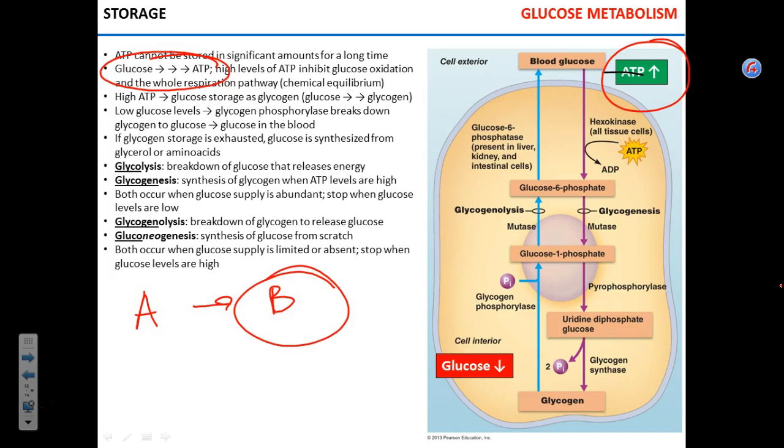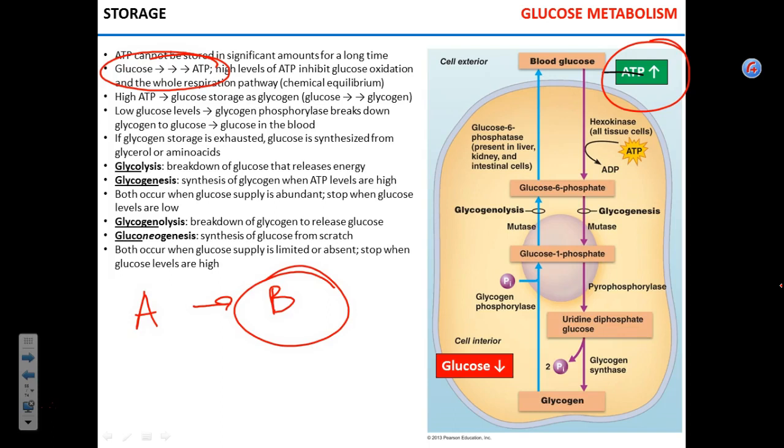Pretty much the equilibrium shifts to the left. Do I make sense? It actually is common sense. There's a chemical name for it. It's called Le Chatelier principle. But the idea is that if too much product is accumulated, the reaction is going to slow down.